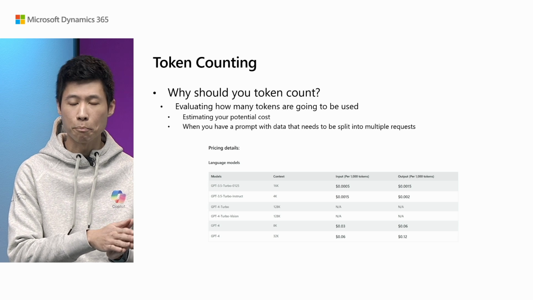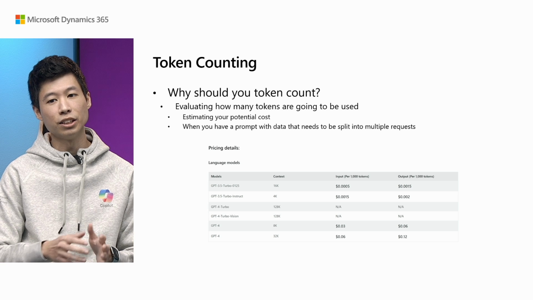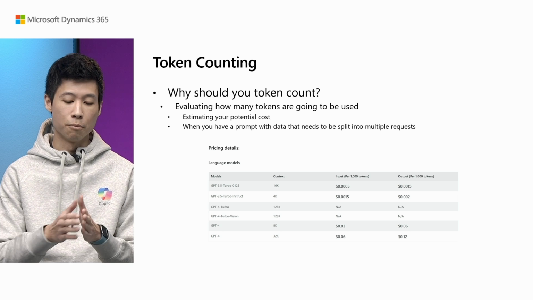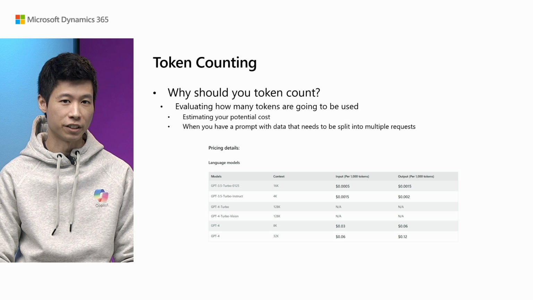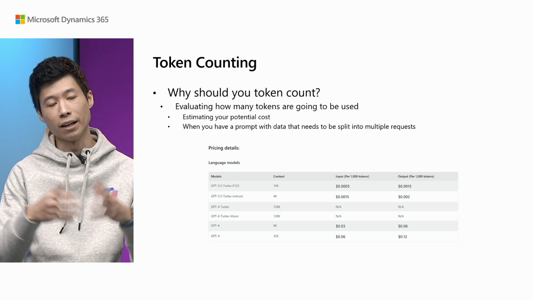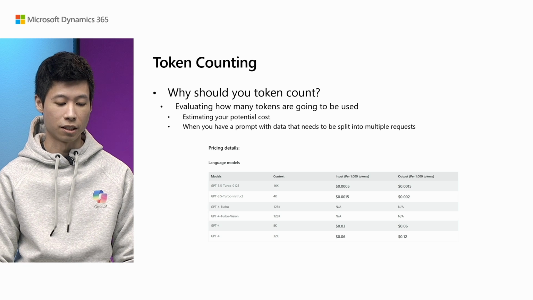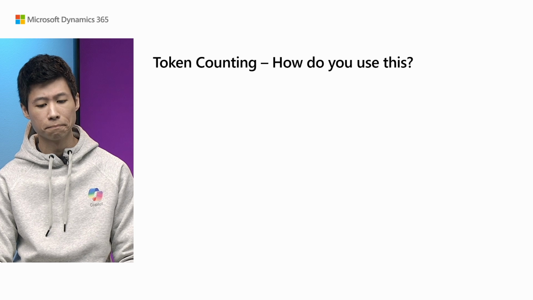If your prompt, including the data that you're going to send in, is greater than the number of tokens available for the model, you're going to have to split that request up into multiple requests. So it's very beneficial to know the exact number of tokens you're going to use, so that you can determine how you're going to split up your requests for each request you're going to make.